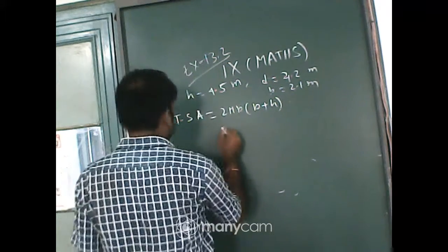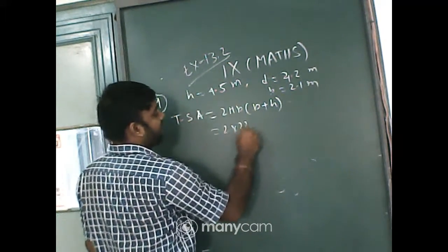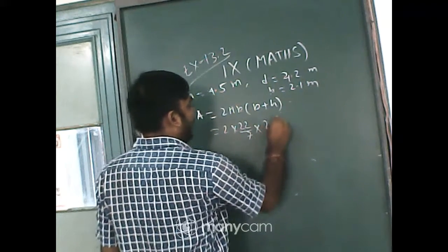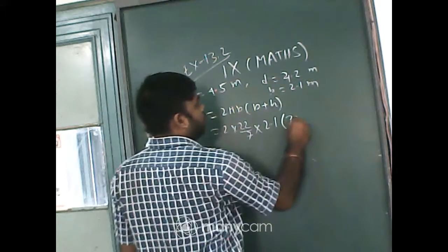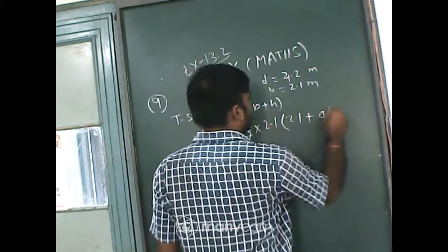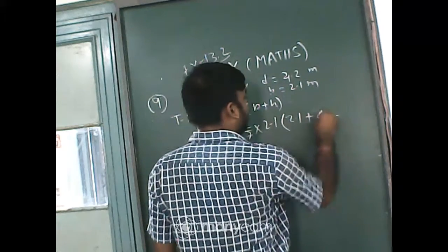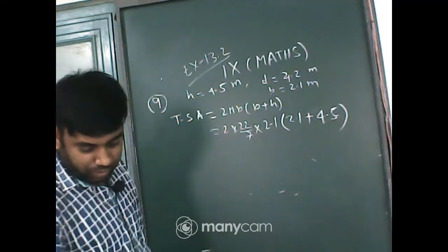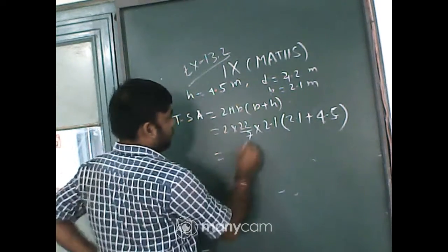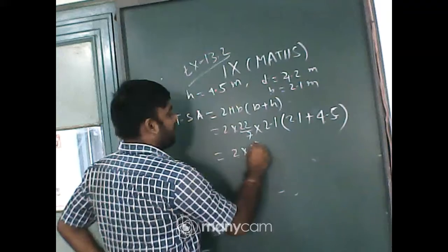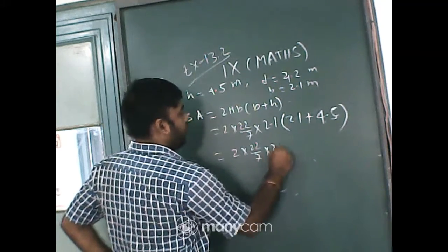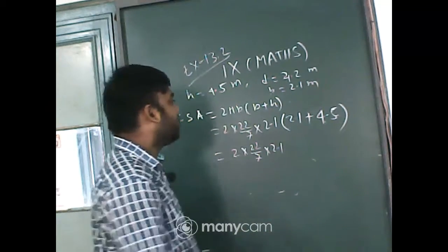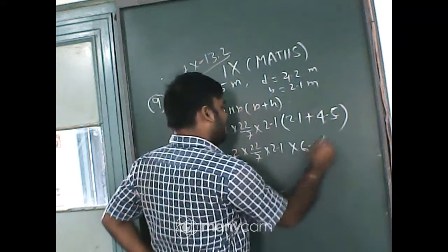So 2 into 22/7 into r, 2.1, r plus h, 2.1 plus h, 4.5. Okay, so it will be 2 into 22/7 into 2.1, that will be 6.6 into 6.6.